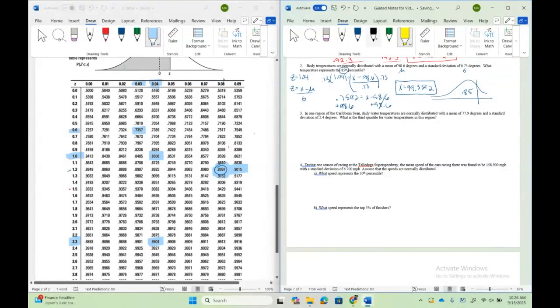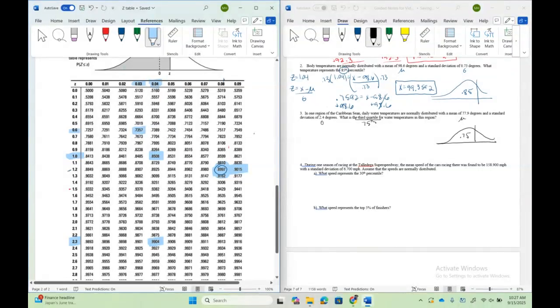We have a mean of 77.9 and a standard deviation of 2.4. What is the third quartile for water temperatures in this region? The third quartile is the 75th percentile, so I'm looking for an area to the left of 0.75.